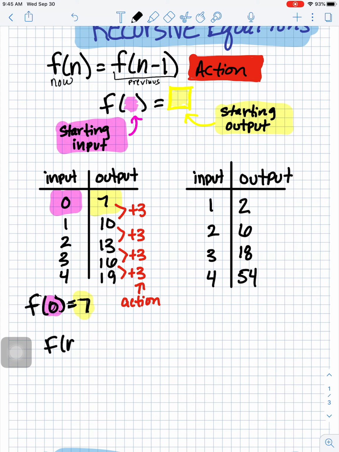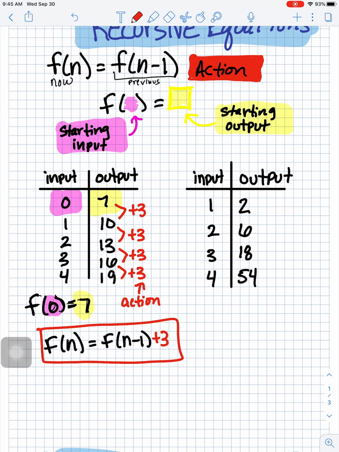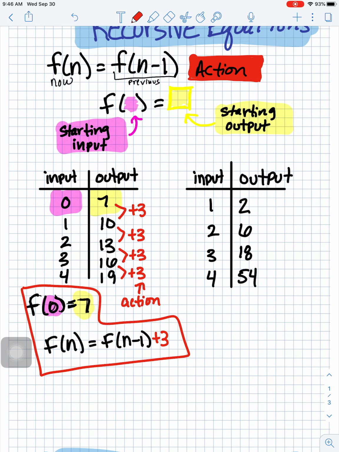To find the new number, I take the one we had before and add 3. All of this is your recursive equation. So that's what it looks like for this first example.